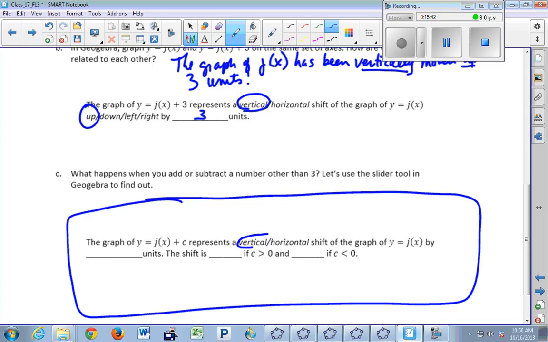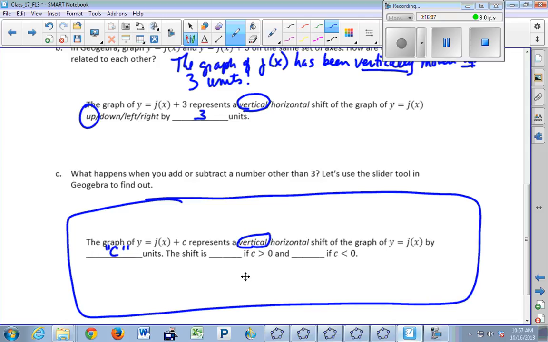Wait a minute, which one? Can't be both. Oh no, it's definitely vertical. Why did you change your mind to say definitely vertical? Because I was thinking of the units. Okay. But vertical shift of the graph y equals j of x by c units, yep, whatever c is.